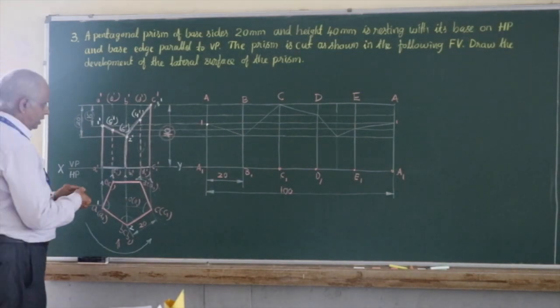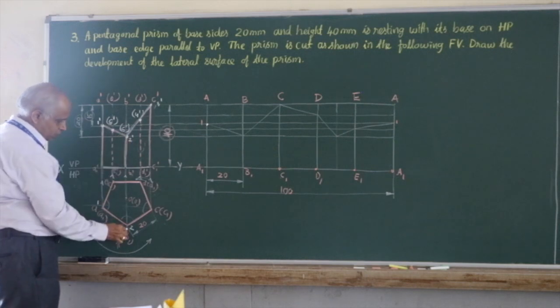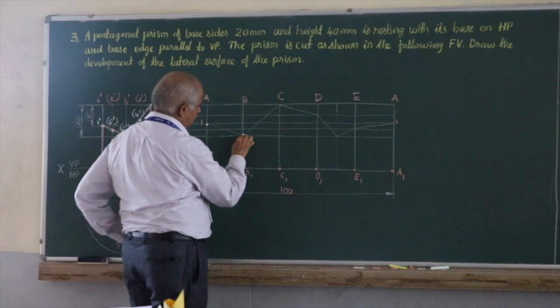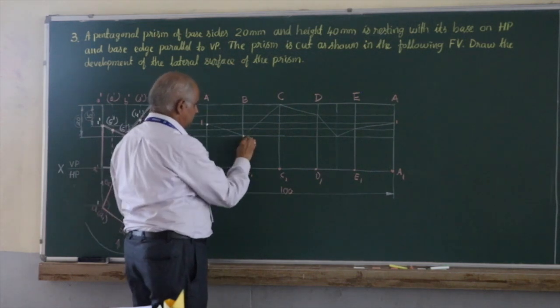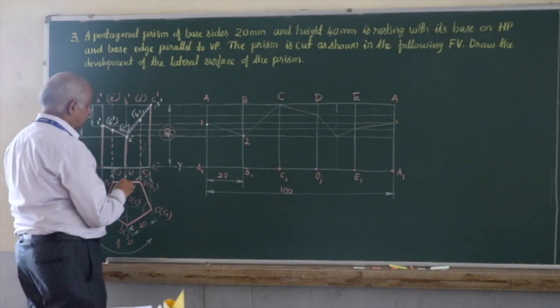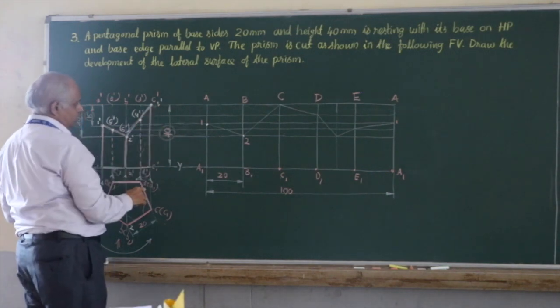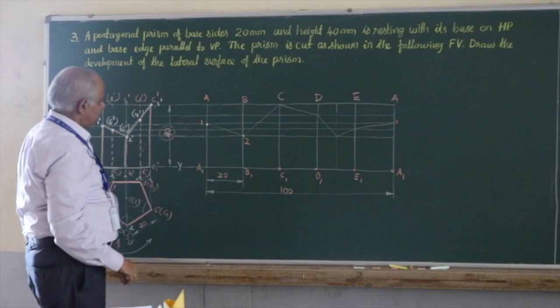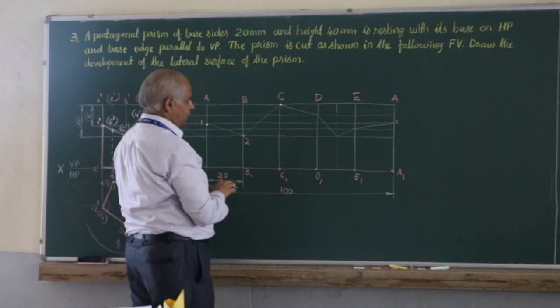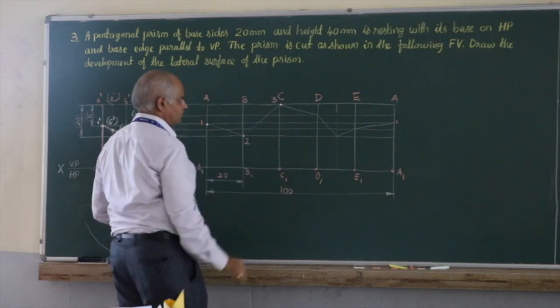Next, locate section point 2 on edge BB1. So you need to take this here and locate this on edge BB1, and this is section point 2. 3 is exactly at the corner, means on the vertical edge CC1. Exactly coincide at C is section point 3.